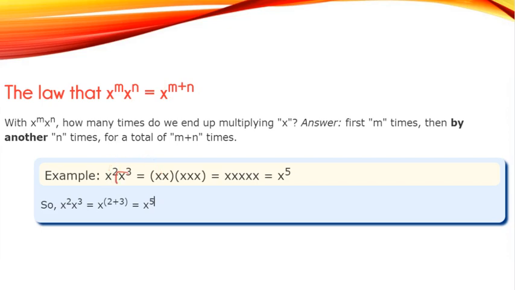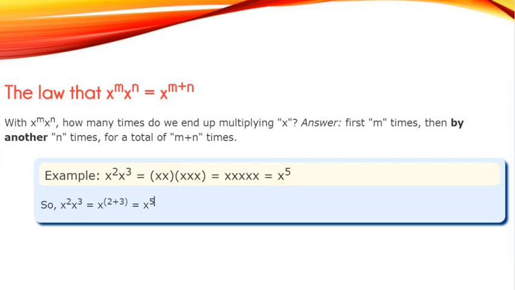Similarly, you have the same number x which has the power 3. That means this number is multiplied 3 times. So in total, how many times are you multiplying this number? Check. 1, 2, 3, 4, 5. This is 5 times x. So this is x to the power 5.